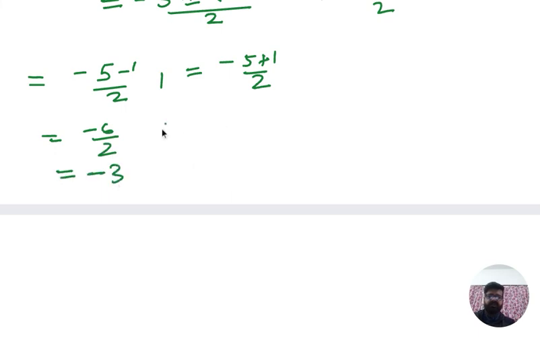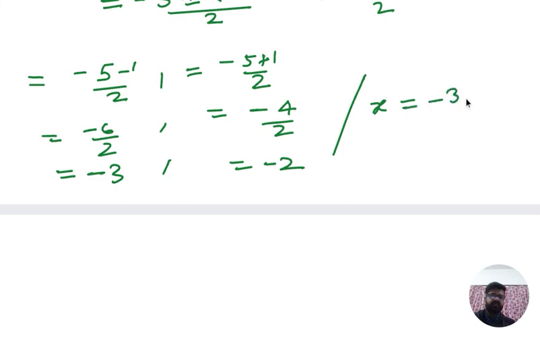And in this case, minus 5 and plus 1, we will get minus 4. So minus 4 divided by 2, we will get minus 2. So the roots of this equation are x equals minus 3 and minus 2.